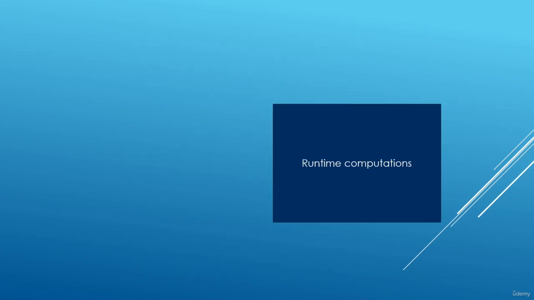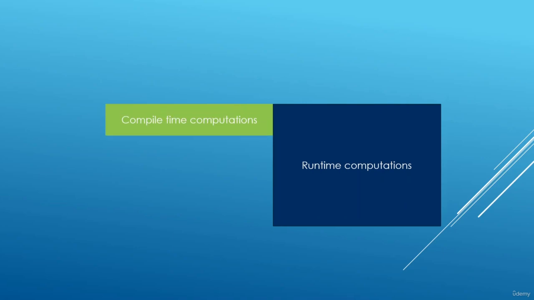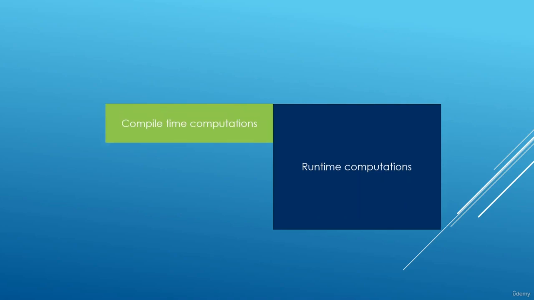Compile time computations were introduced in C++11. And with each new version of C++, we are increasing the number of things we can do at compile time. And we can expect this trend to go on with every new major version of C++. We're going to get new things we can do at compile time.